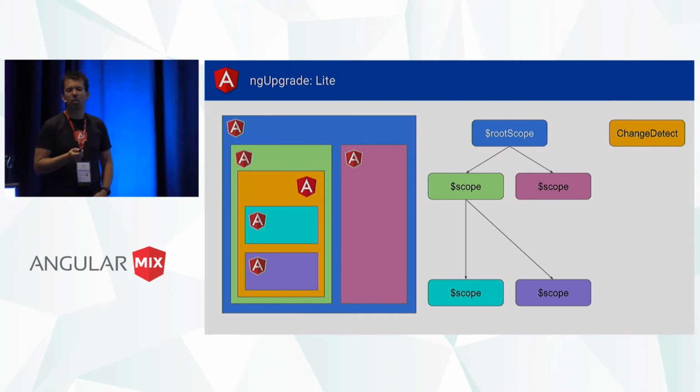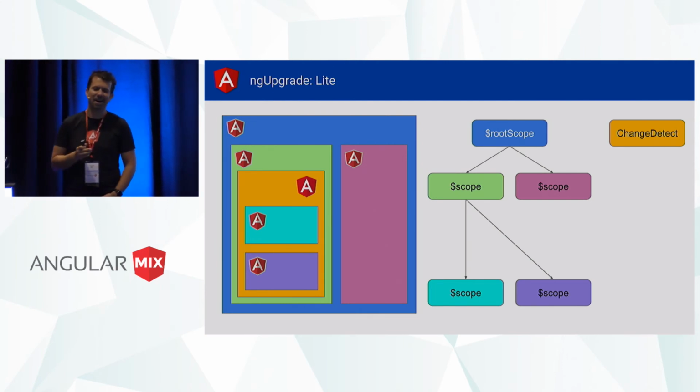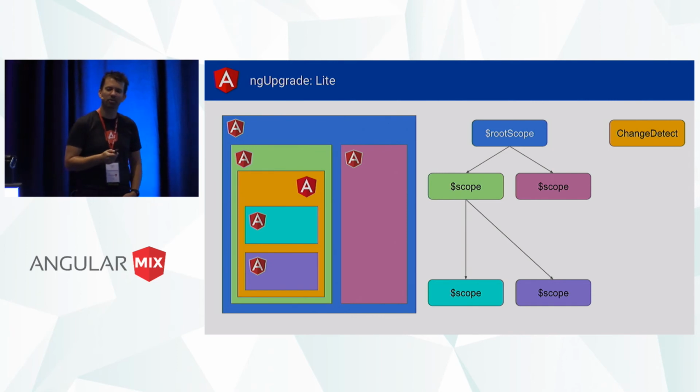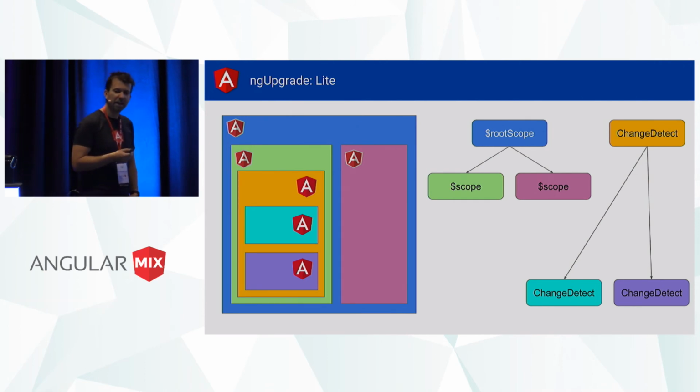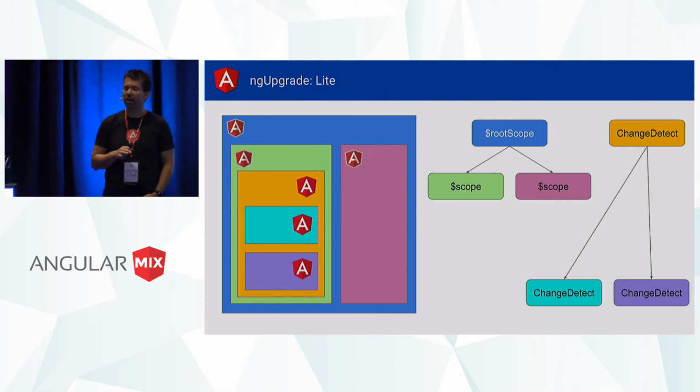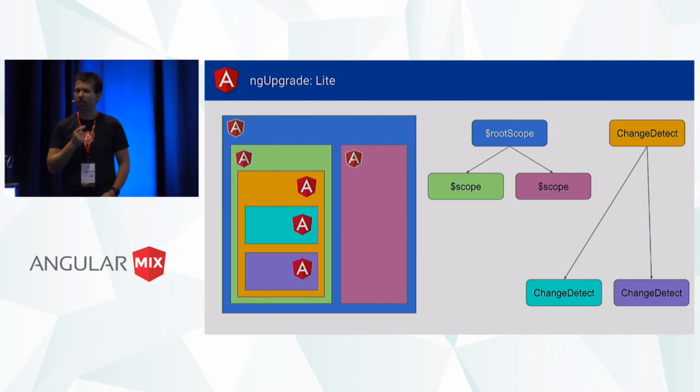And this is why, while it's not strictly required that the two child components of the Angular component, the cyan and purple, I guess, have to be children of the change detection, it's probably a good idea because it makes for a more predictable system. And this is why we're saying that you should probably look at it as a one route at a time kind of upgrade strategy.